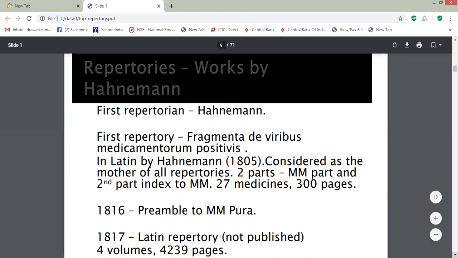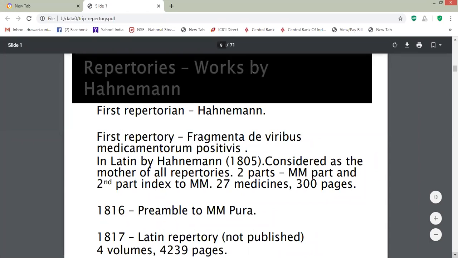So the first Repertorian was Dr. Hahnemann, and his first repertory was Fragmenta de Viribus Medicamentorum Positivis in Latin.